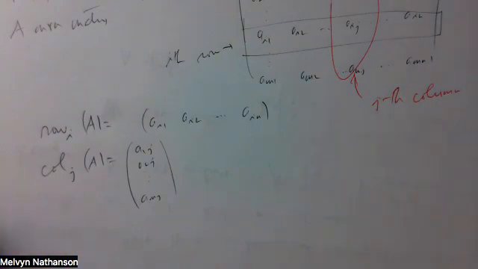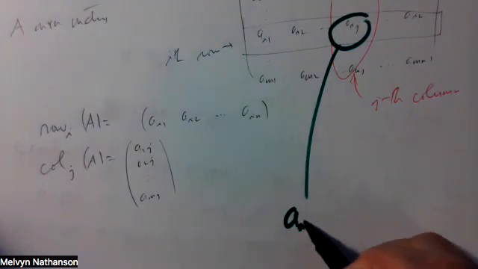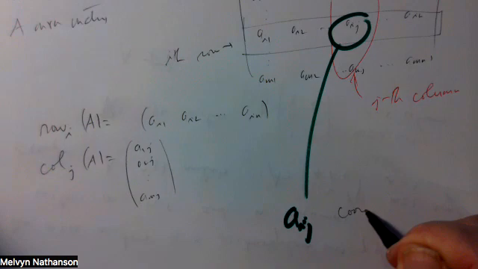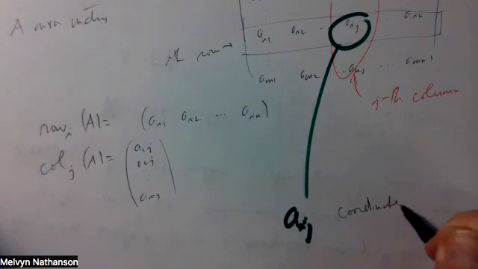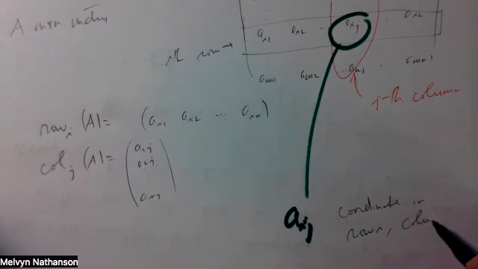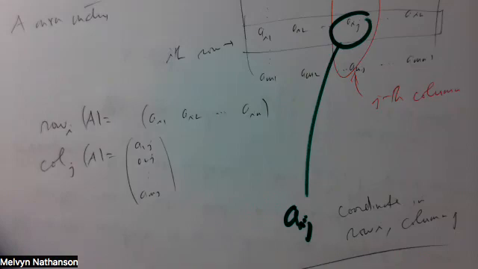And Aij always denotes the scalar, the coordinate. So this is the coordinate in row i, column j. So this is standard notation for matrices in our class and everywhere else.